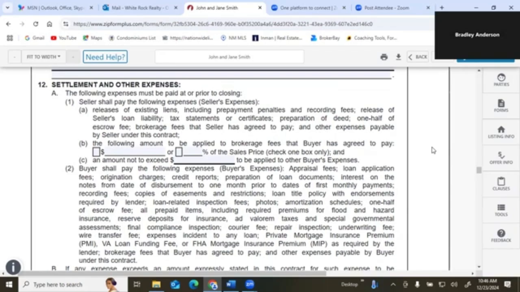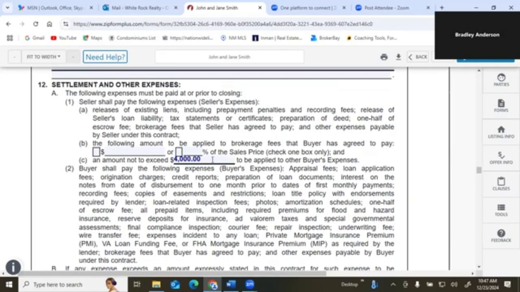Your buyer makes an offer, they don't have enough money to close, they need the seller to kick in a couple of grand. And so that hasn't gone away. That's right here. And let's say that in this offer of $300,000, your buyer needs $4,000 in closing costs. That's where you would put that.